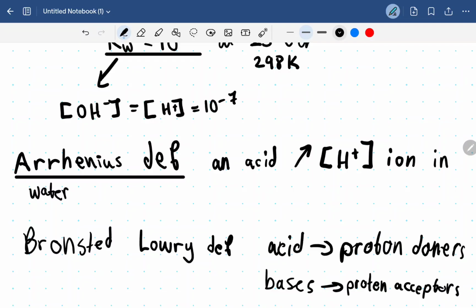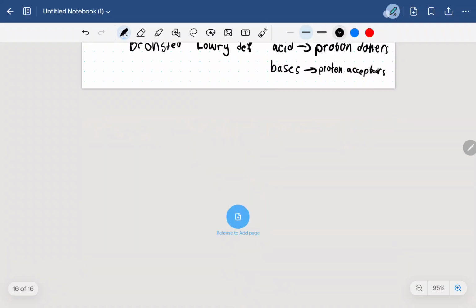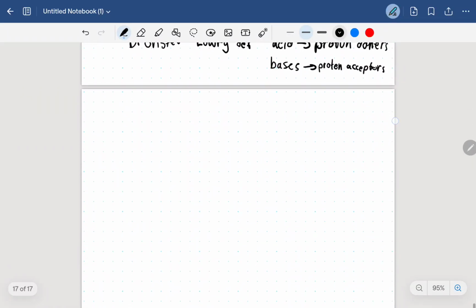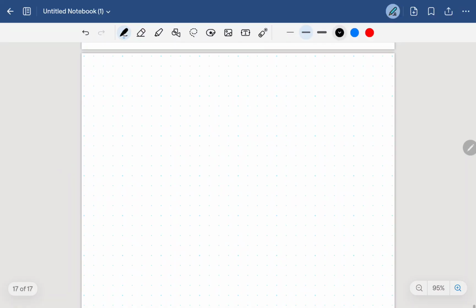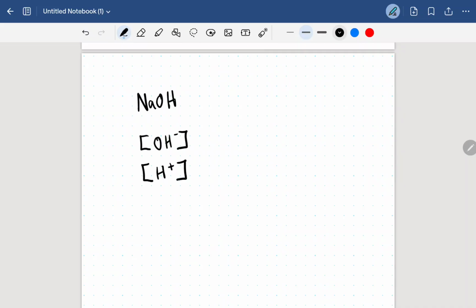Now for acids and bases, we need to know how to calculate them. Listen, if they give you an equation like NaOH and they ask you for the concentration of OH minus and H plus, be very careful what to do.